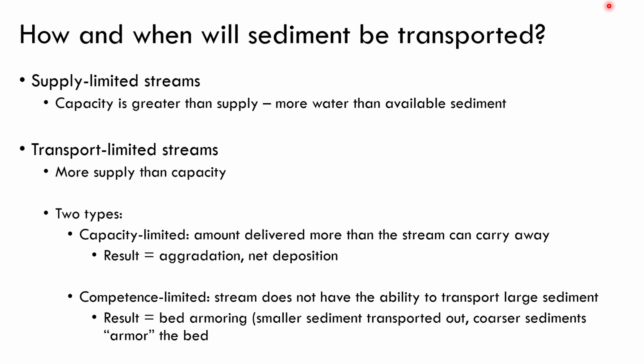In cases like this, you can get bed armoring, where a lot of large sediment gets into a smaller stream that isn't meant to be carrying that much coarse sediment, and those coarse sediments then armor the bed, like we talked about in lecture 7 a little bit.